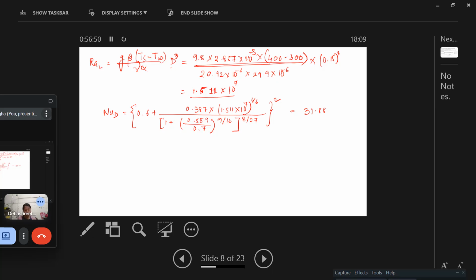Okay, now you have to calculate the h_D from here. This is average. So h_D you calculate as Nu_D into k by D. Nu was 31.88, and how much was k?